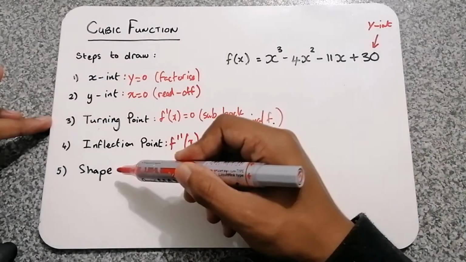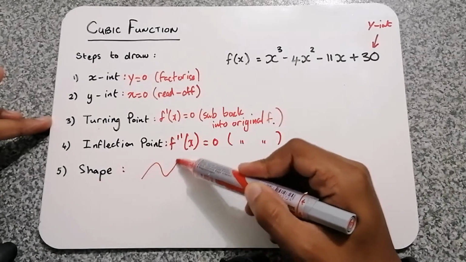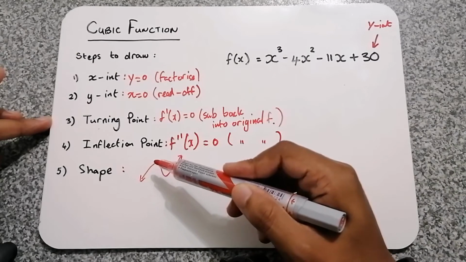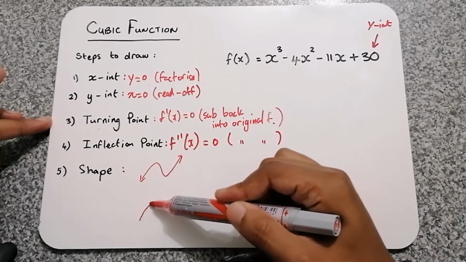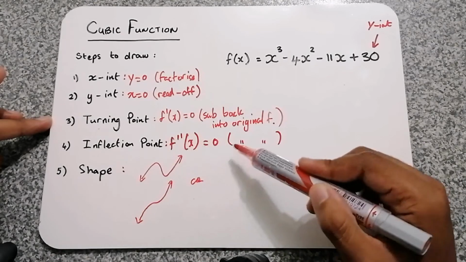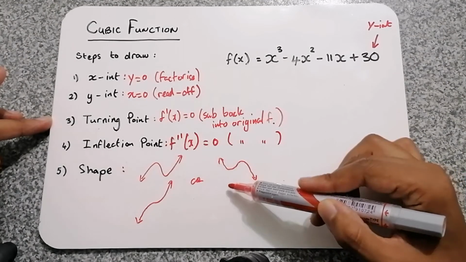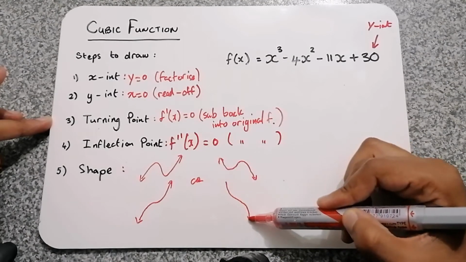Okay, and last but not least, it's all about the shape. So the shape of our graph can either take this form or something similar to that, like this perhaps, or the opposite direction, like this, or like that.